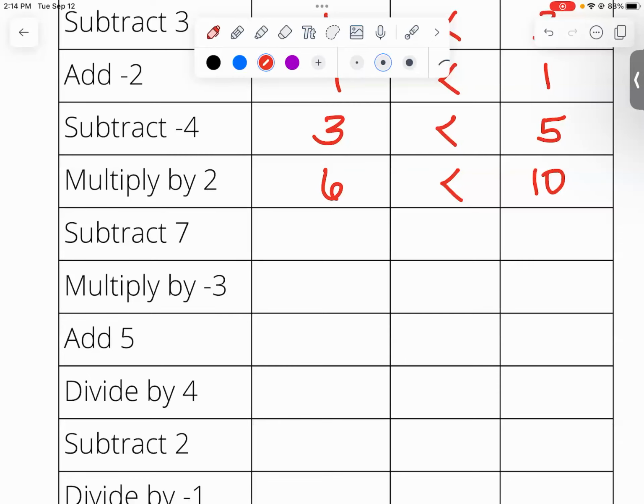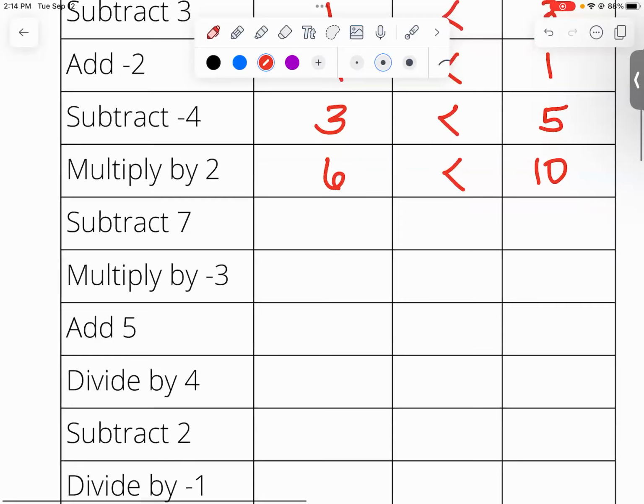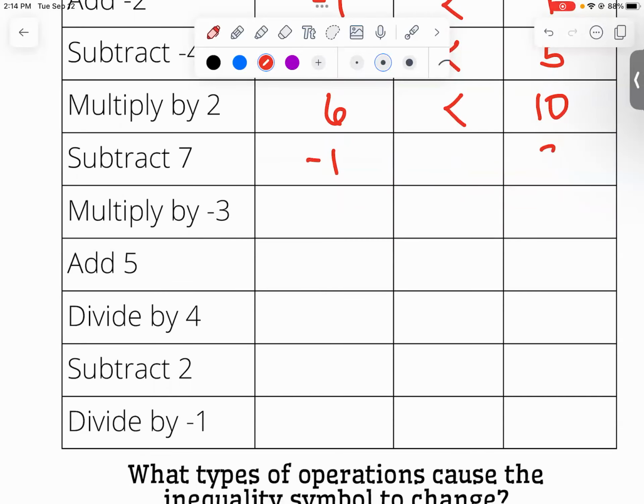Okay, if we subtract 7, we have -1 and 3. 3 is the bigger number. Here's where it gets interesting. If we multiply by -3, what does this become? 3. And what does this become? -9. Which number's bigger? 3.